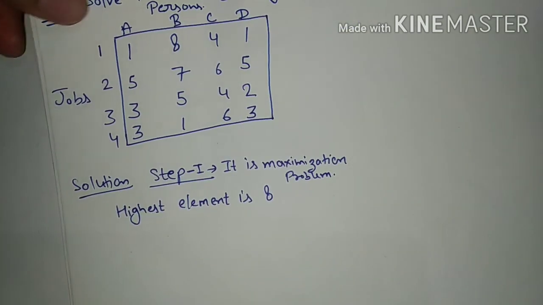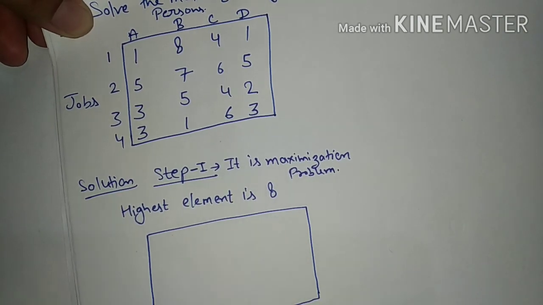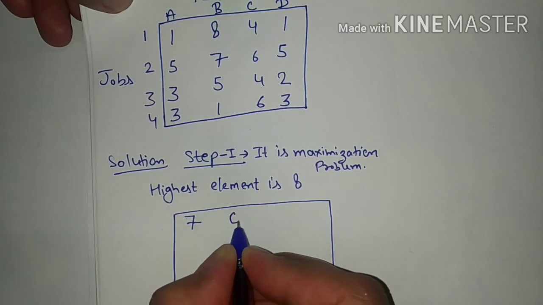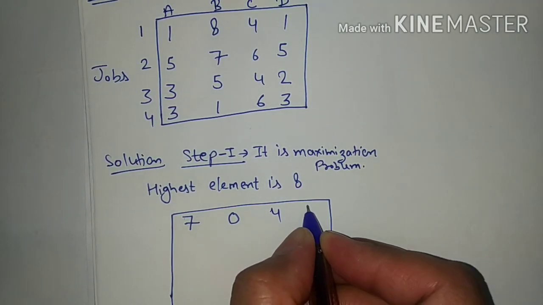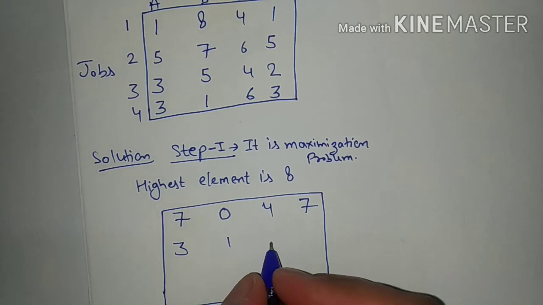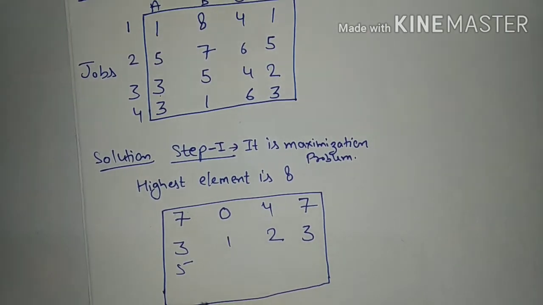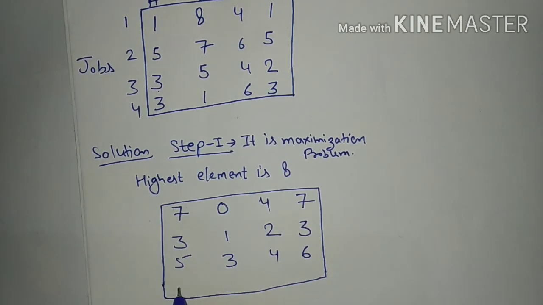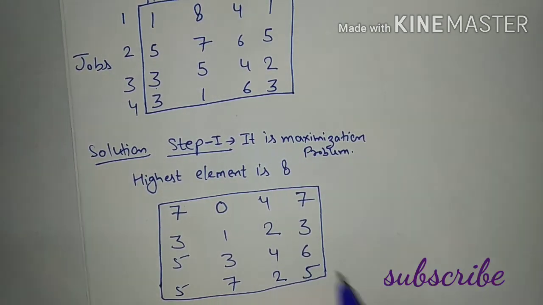Maximization problem. Now let us subtract. 8 minus 1 is 7, 8 minus 8 is 0, 8 minus 4 is 4, 8 minus 1 is 7, 8 minus 5 is 3, 8 minus 7 is 1, 8 minus 6 is 2, and 8 minus 5 is 3, 8 minus 3 is 5, 8 minus 5 is 3, 8 minus 4 is 4, 8 minus 2 is 6, 8 minus 3 is 5, 8 minus 1 is 7, 8 minus 6 is 2, 8 minus 3 is 5.